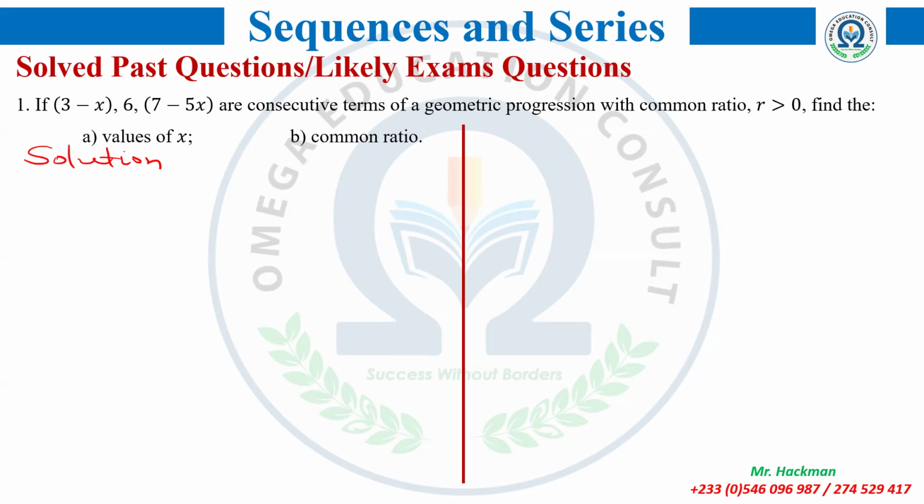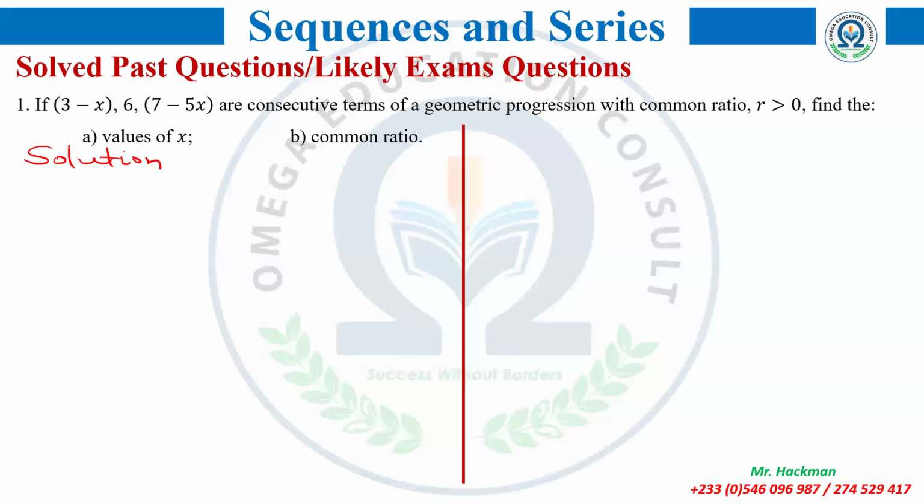How do you identify a sequence or a progression as a GP? What do you use? Prof. Ama: If the terms have a common ratio. Yes, consecutive terms, so common ratio.